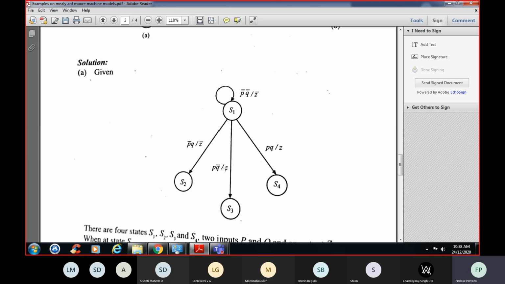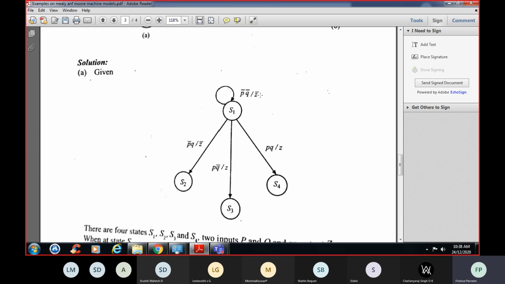and the output is 1. In the same way, when P is equal to 1 and Q is equal to 1, it moves to state S4 and the output is 1. So seeing this diagram itself, you can tell it is a Mealy machine. Why? Because within the circle you don't have the output.